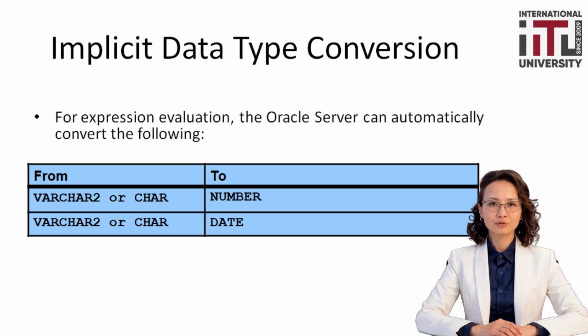For example, Oracle can automatically convert character data types varchar2 or char into number or date types when required in an operation. While this feature simplifies query writing, it should be used carefully because implicit conversions may lead to unexpected results, errors, or performance issues. Therefore, it is generally recommended to use explicit conversions when precise control over data types is needed.